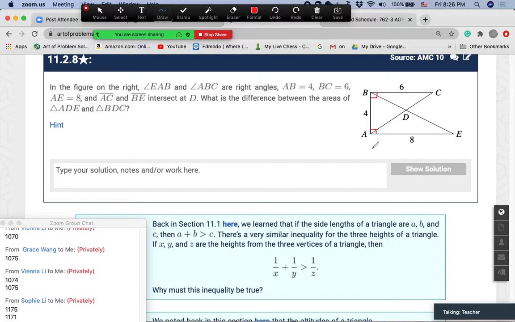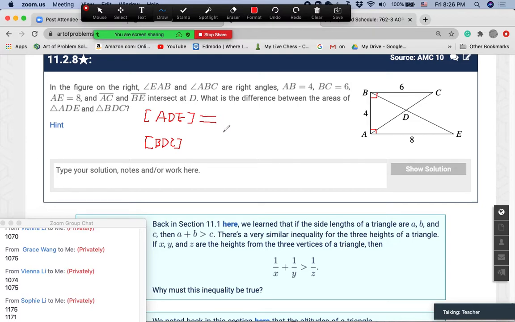So first, you need to calculate the area of these two triangles. So first, can anybody calculate ADE? What is the area of this triangle? Then what is the area of BDC? Now let's see.